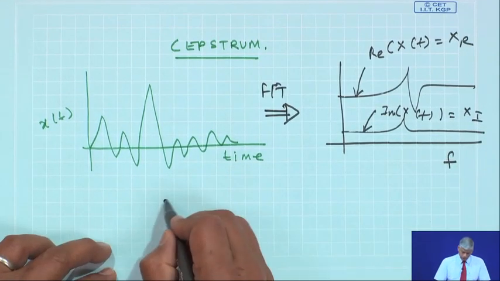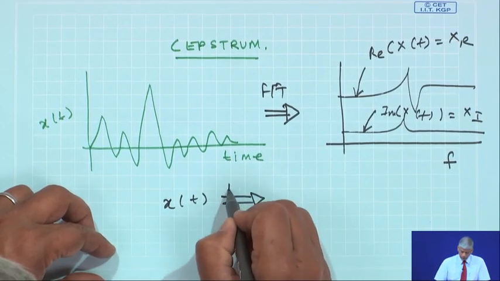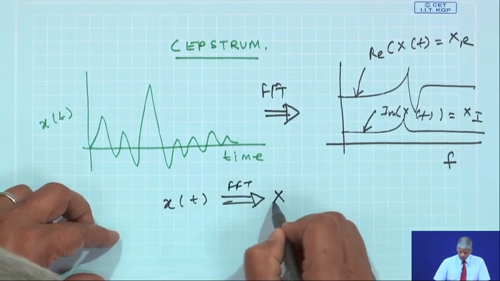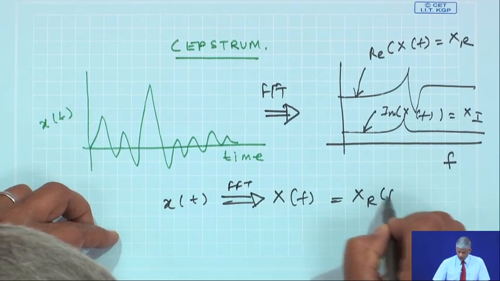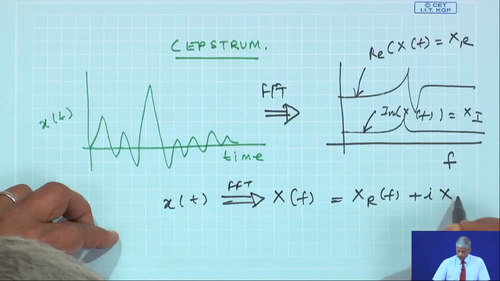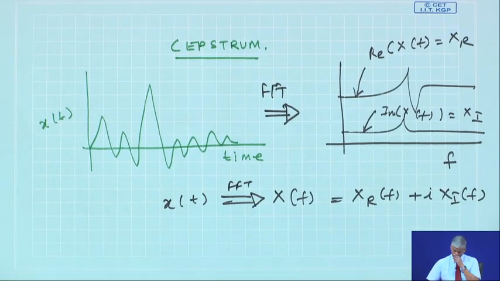So, FFT of a signal x t will give me a complex number x f, which can be written as x real frequency plus x imaginary frequency. So, this is a complex signal.